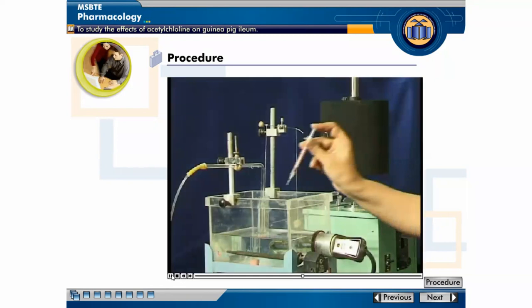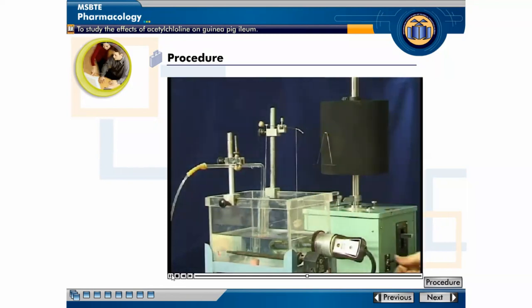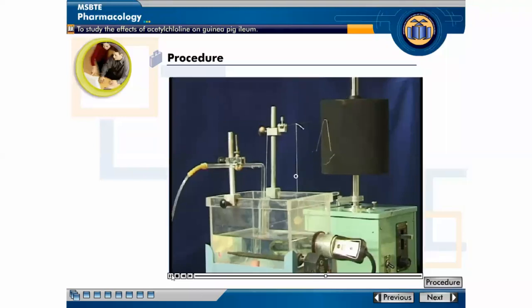Now stop the drum and inject 0.1 ml of stock solution of acetylcholine in the reservoir containing ileum. Start the drum immediately and record the contractions for 30 seconds. You will observe upward movement of tip of frontal writing lever on smoked paper.